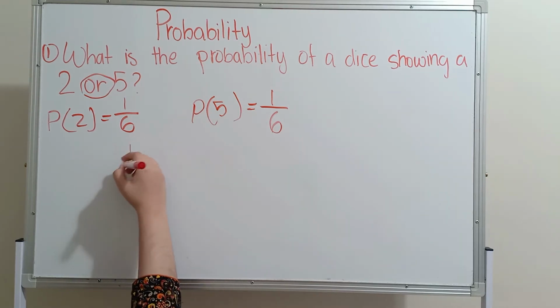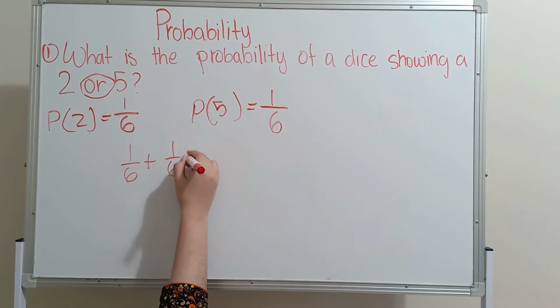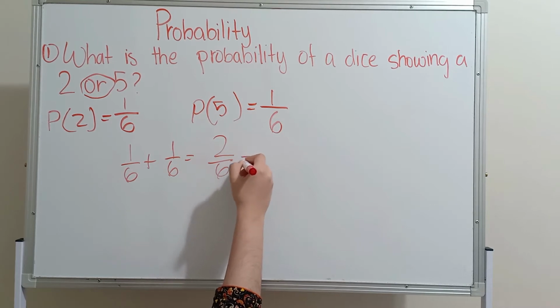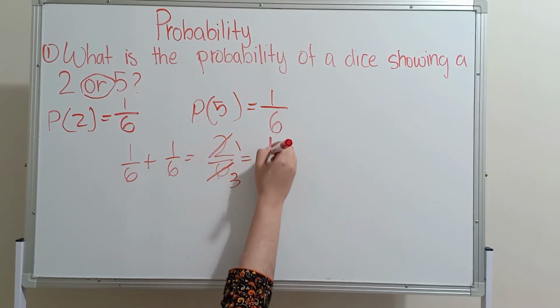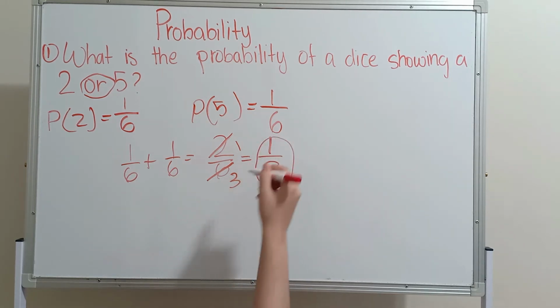So 1 over 6 plus 1 over 6 is going to give us 2 over 6, which will simplify into giving us 1 over 3. So the probability of a dice showing a 2 or 5 is going to be 1/3. That is going to be our answer for the first one.